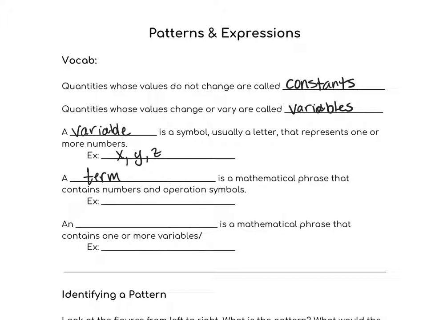So a term is something that contains numbers and operation symbols. So like 3x is a term, 4y, 7z. Those are all terms. Oh wait, hold on. I messed that up. This one, jumped the gun.